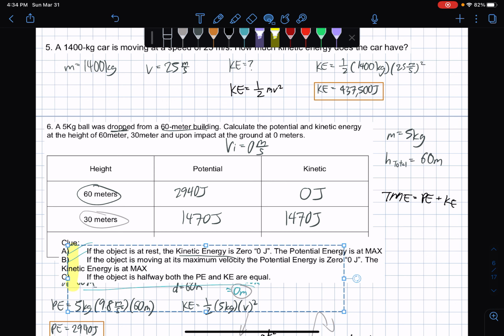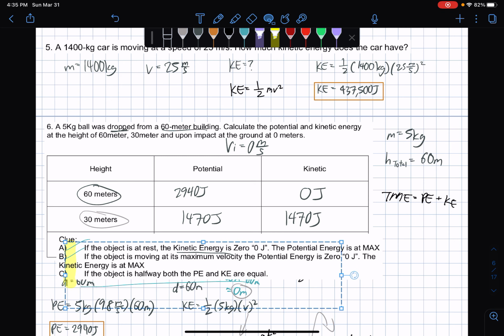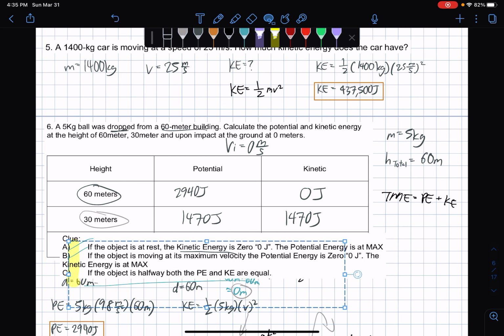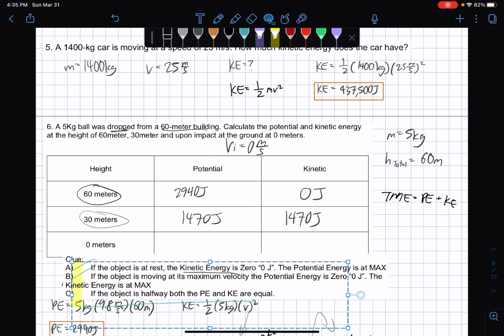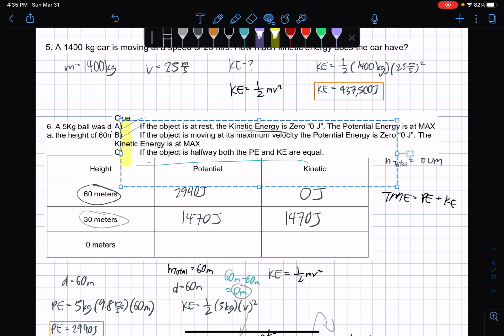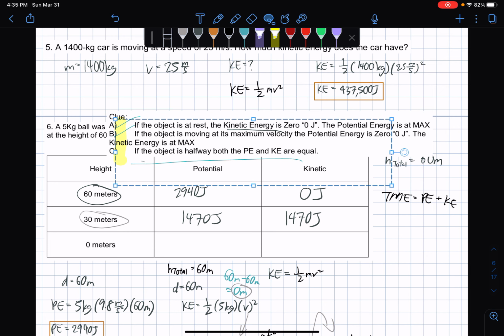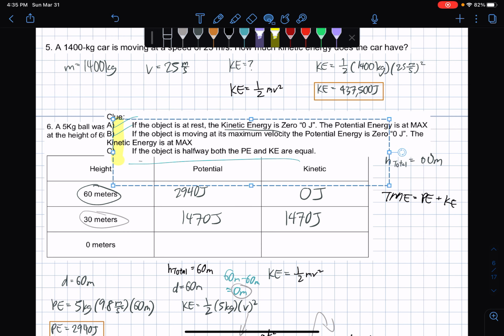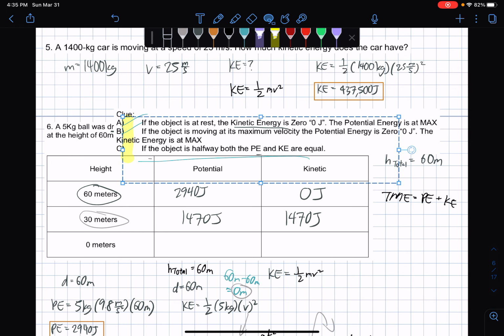In the scenario where we have the height as 60 meters, the potential is at its highest, and at the same time, the kinetic is at its lowest, or in other words, 0 joules. So it's going to be the reflection of statement B. What we're going to answer next is provided that the height is 0 meters.